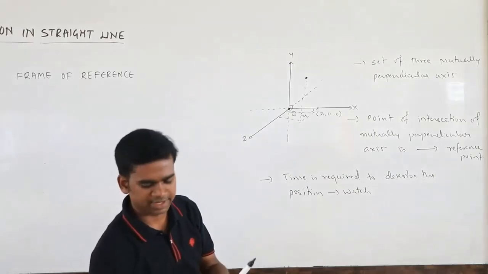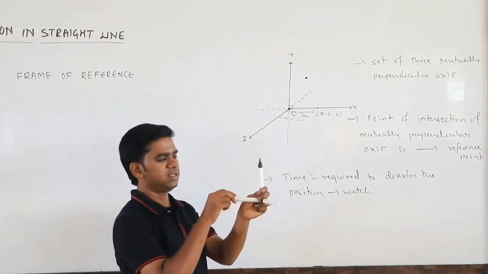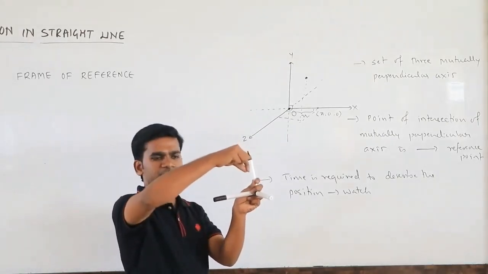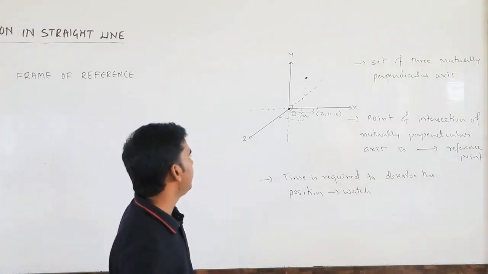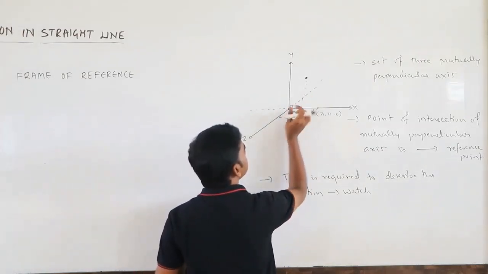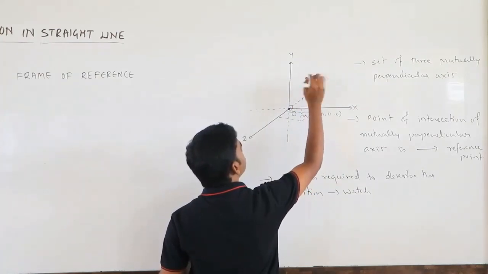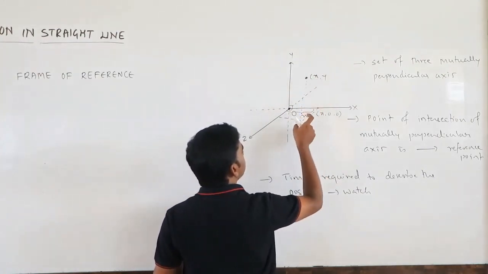Suppose I take three perpendicular axes, and the object is somewhere here. Now there is some x distance, some y distance, and some z distance.